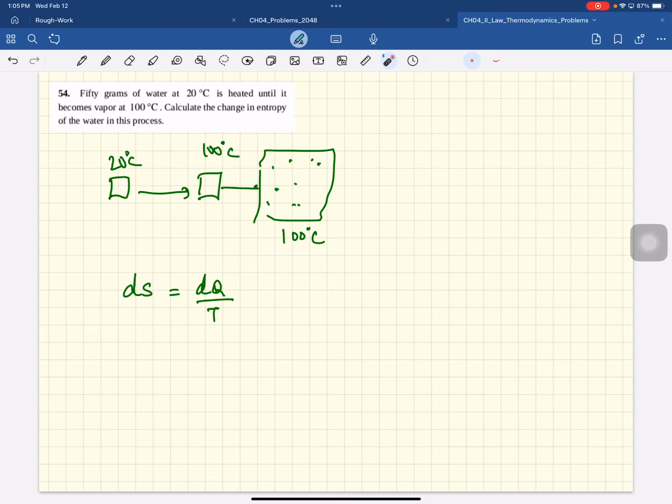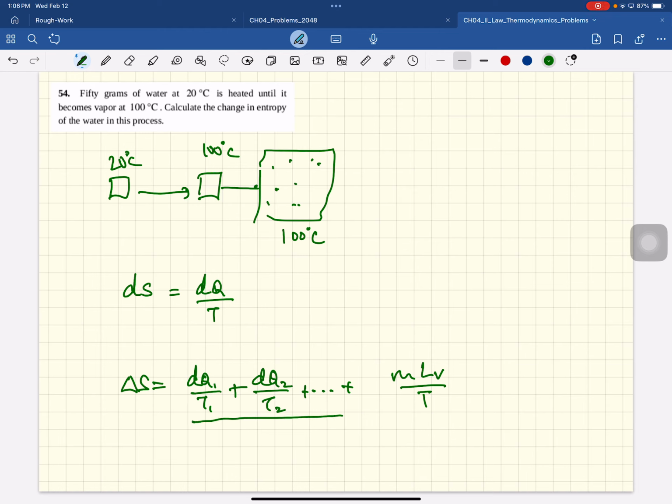So the change in entropy would be dq1 over T1 plus dq2 over T2, until you get to 100 degrees Celsius, and then you're absorbing heat at constant temperature. And then that would be mass times LV divided by that temperature.